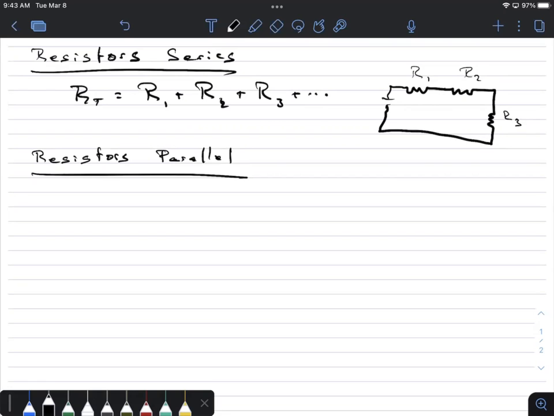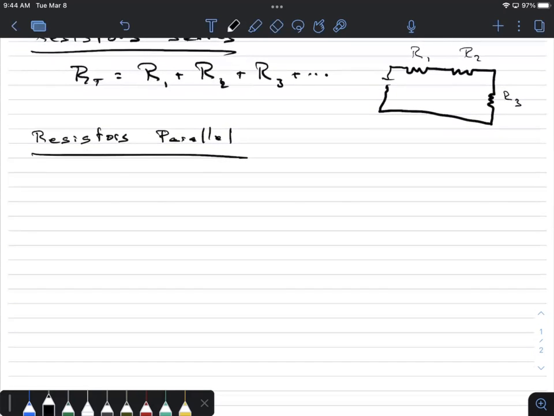And what this says is if you have some set of resistors that are connected in parallel, and we'll see what that means, the total resistance of that set, 1 over that number, so 1 over the total resistance, is given by 1 over R1 plus 1 over R2, and so on. Okay, so this one's a little bit funky. Instead of just adding the resistors, you have to add the reciprocals.